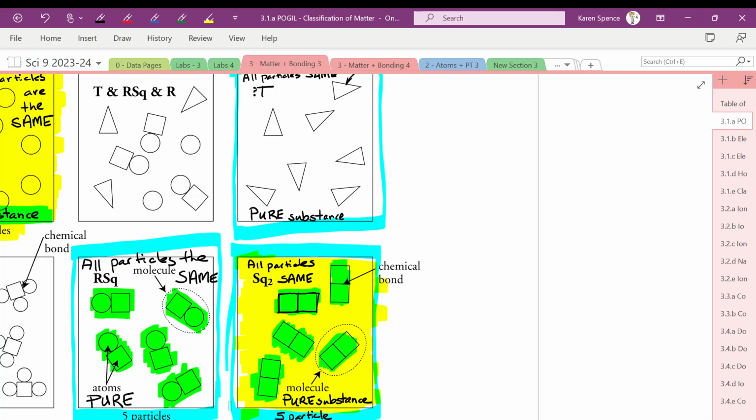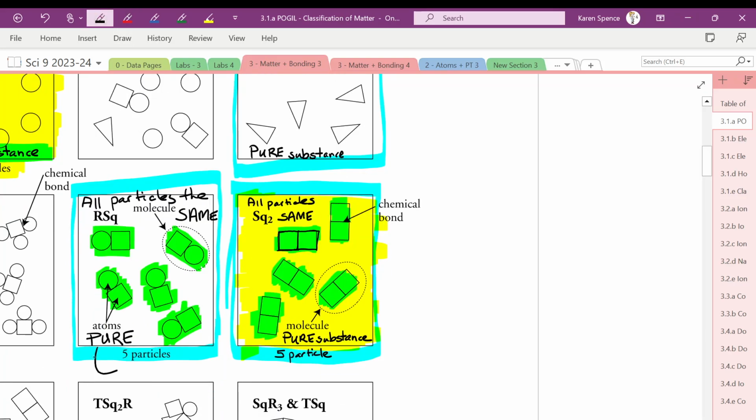You should be chatting with your partner. What makes RSQ different from the other 2 blue highlighted samples? Brian. They're composed of different. Yes, the particles contain different atoms.